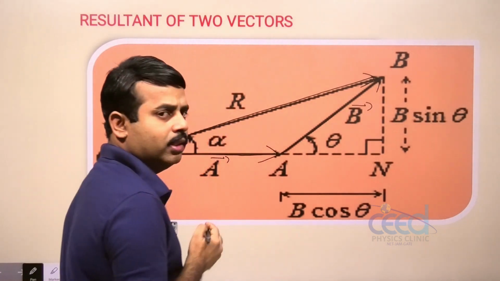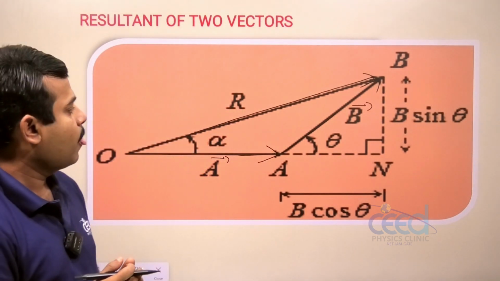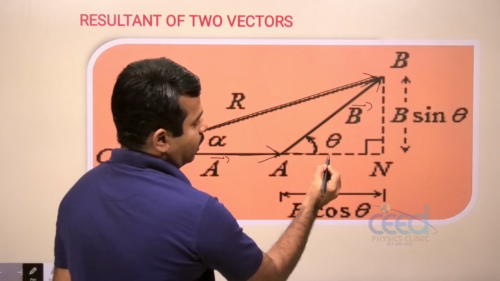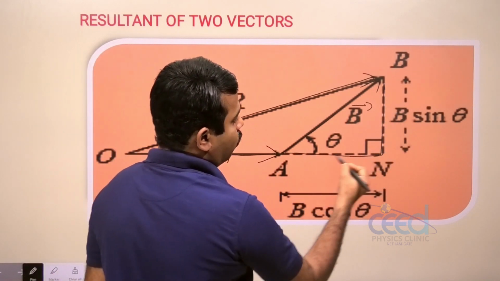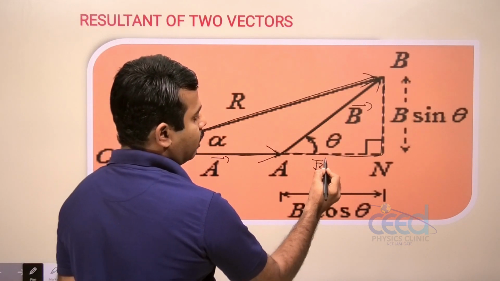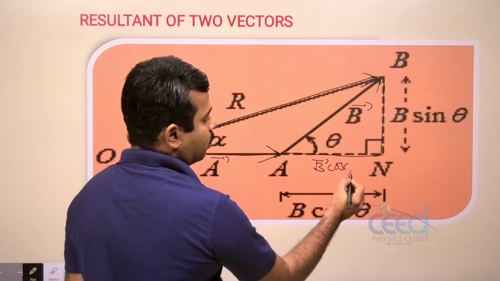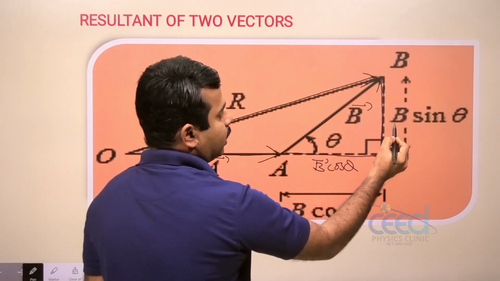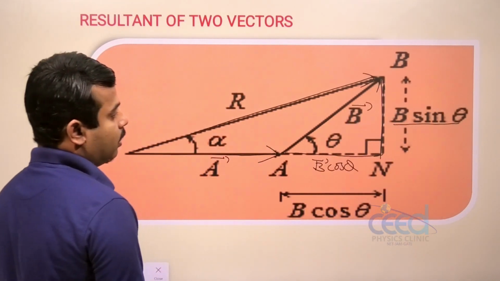To find this resultant, I am considering a construction like this. Now this is B, then I can write this as B cos theta using trigonometry, and this I can write as B sin theta.